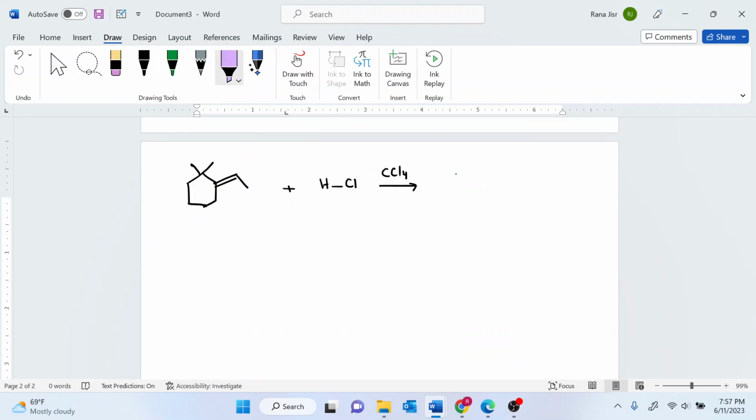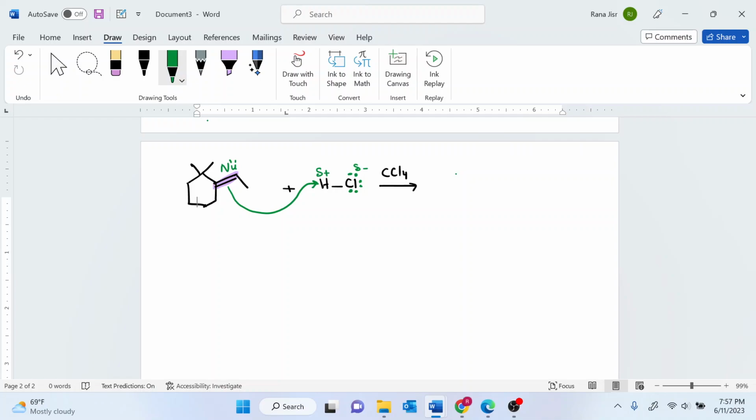Let's have another example. So first, start locating your double bond and your electrophile. So hydrogen is going to be my electrophile in this case because the chlorine is the electronegative element. So my arrow is going to be from the nucleophile towards the hydrogen. Apply Markovnikov.